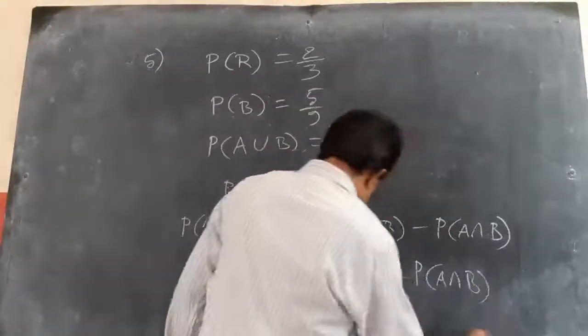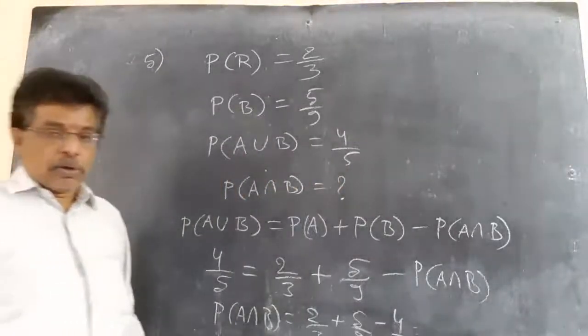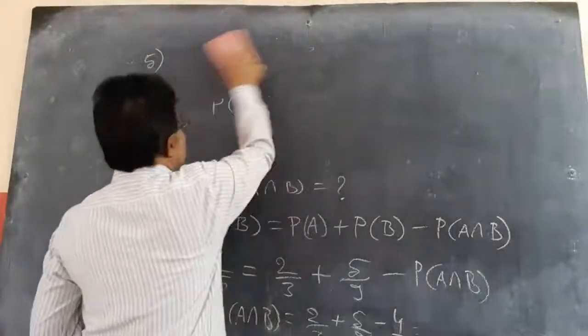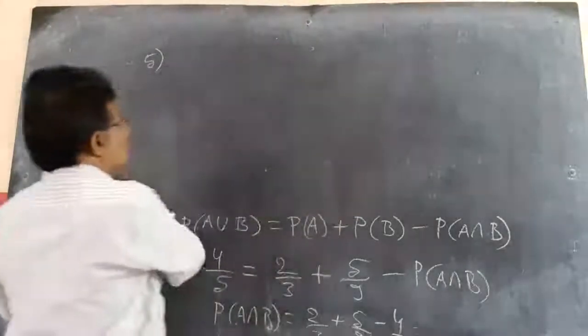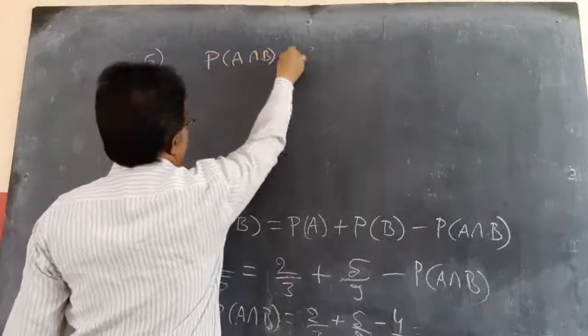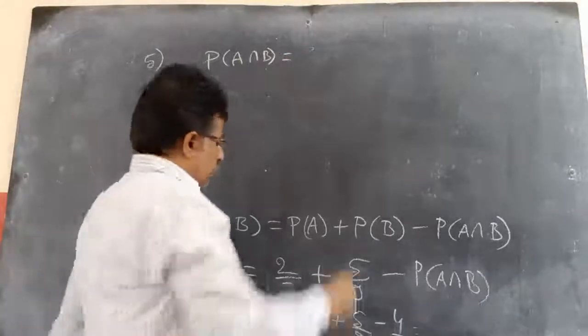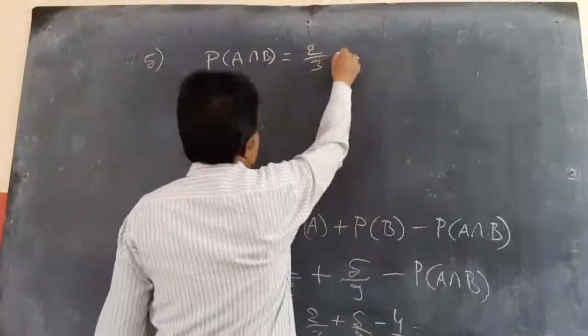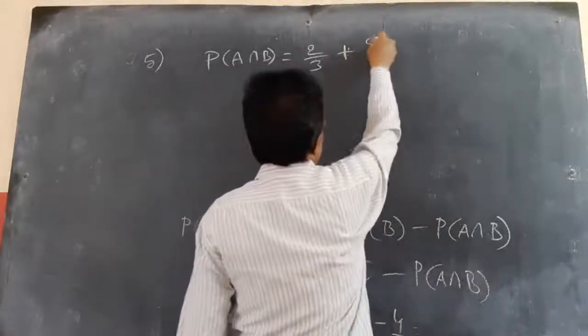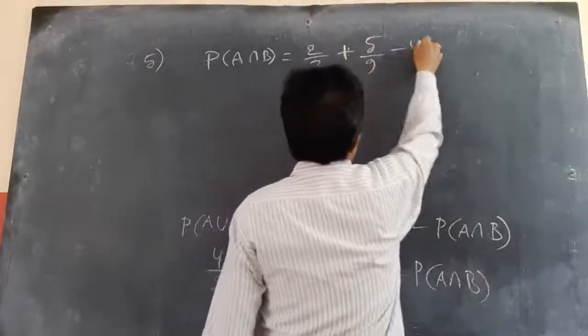So P of A intersection B equals 2 by 3 plus 5 by 9 minus 4 by 5.